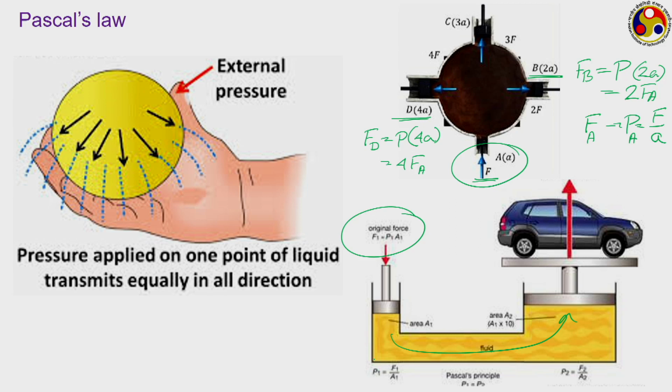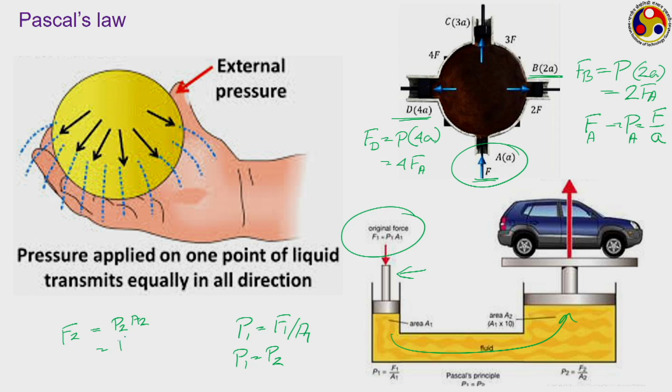So, in this particular cylinder, the pressure which is acting, P1, will be equal to F1 divided by A1, where F1 is the force that you have imposed initially, and pressure remaining the same, P1 will be equal to P2. So the force which is acting on the car or on the second piston will be equal to P2 into the area of the second one, A2, and P2 equals P1.